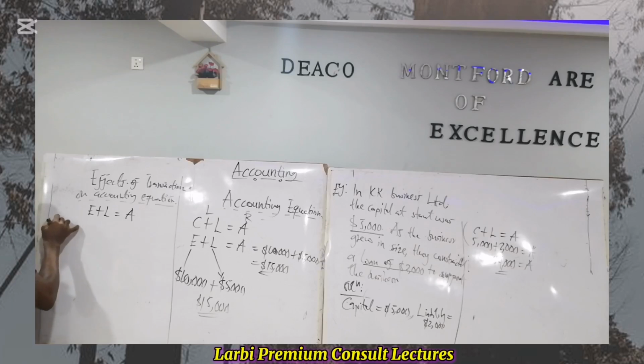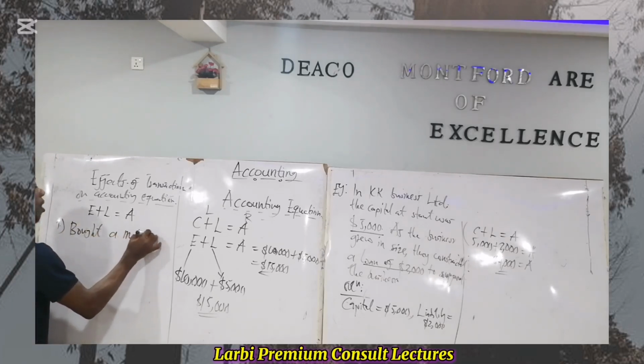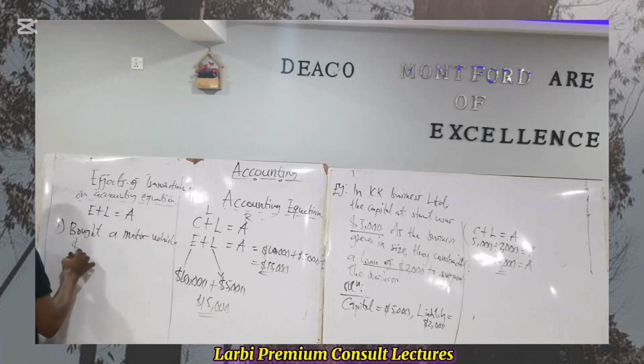So we'll be given a transaction. Let's say, for example, transaction 1: bought a motor vehicle worth $2,000.